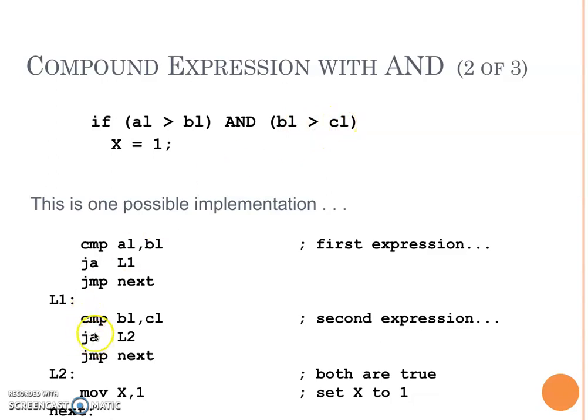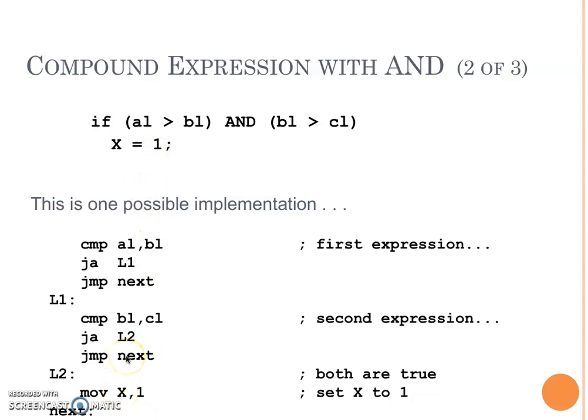If this one is true, again I jump to L2, where I have move X equal to 1. However, for the rest, I just need to go back to the line after X equal to 1, so afterward they all have an unconditional jump to the end of your X equal to 1.